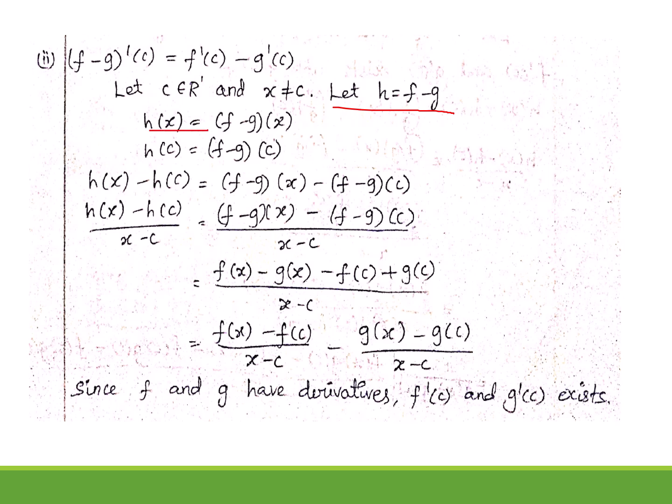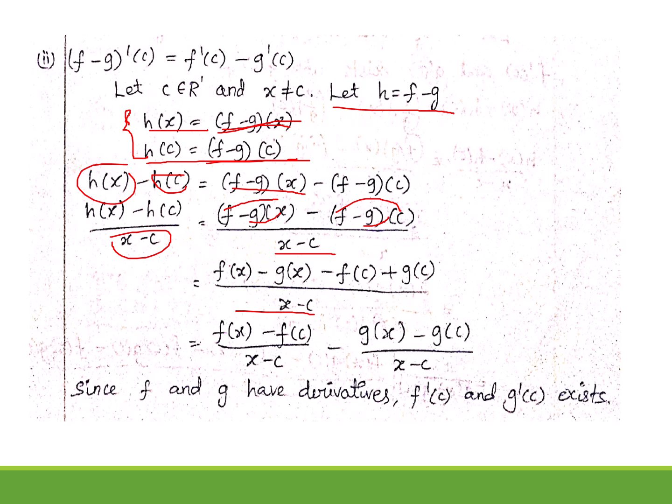Then h(x) equals (f minus g)(x), and h(c) equals (f minus g)(c). Subtracting, h(x) minus h(c) equals (f minus g)(x) minus (f minus g)(c). Dividing both sides by x minus c, h(x) minus h(c) divided by x minus c equals [(f minus g)(x) minus (f minus g)(c)] divided by x minus c, which is [f(x) minus g(x) minus f(c) plus g(c)] divided by x minus c.